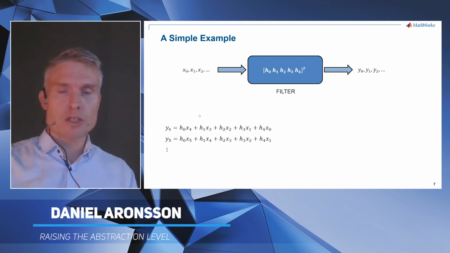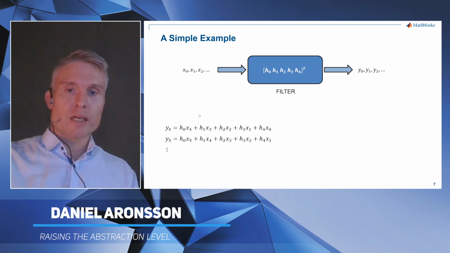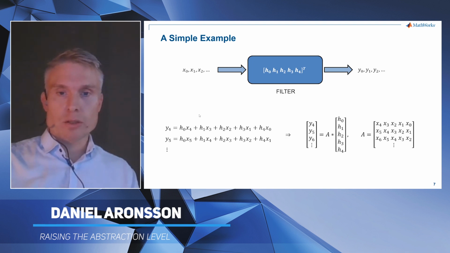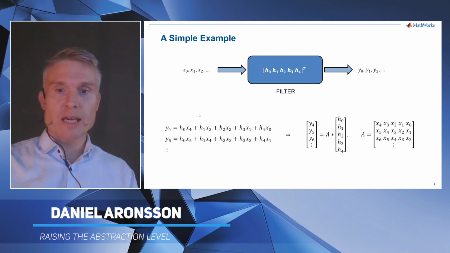So that's how a digital filter works. And you can write that more compactly in vector form. So you say vector y equals some matrix A times these filter coefficients, where A is comprised of the inputs, as you see here. So I'm basically building up the inputs coming in for the different 5 time shifts here.